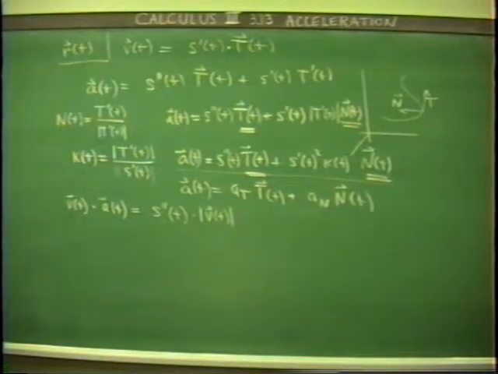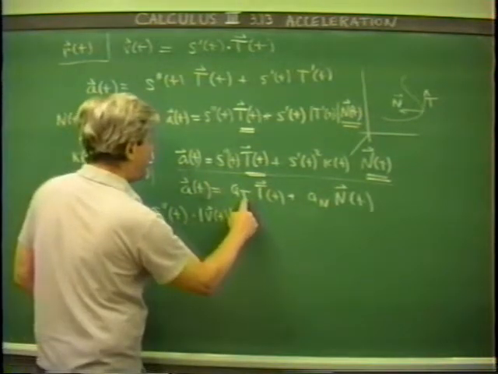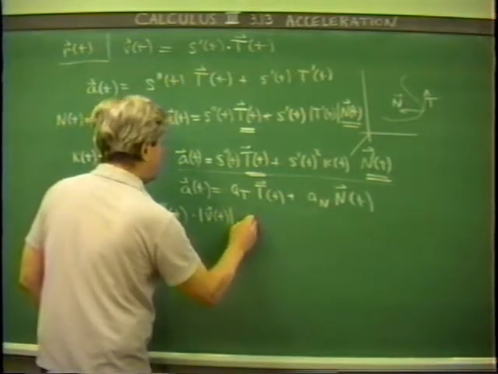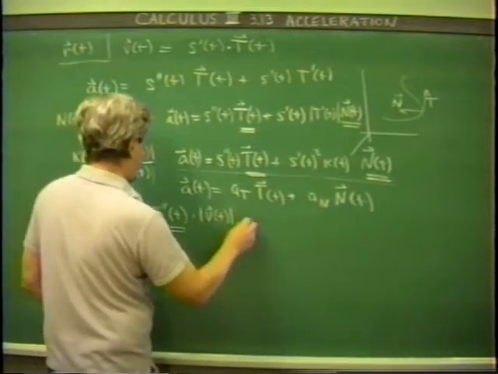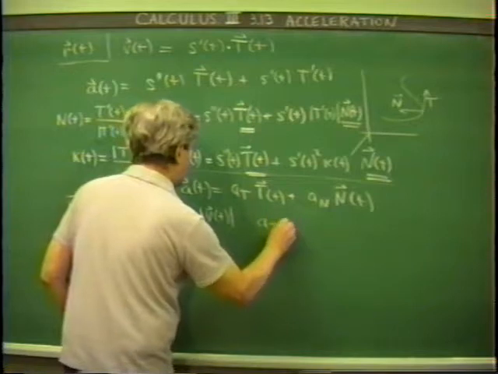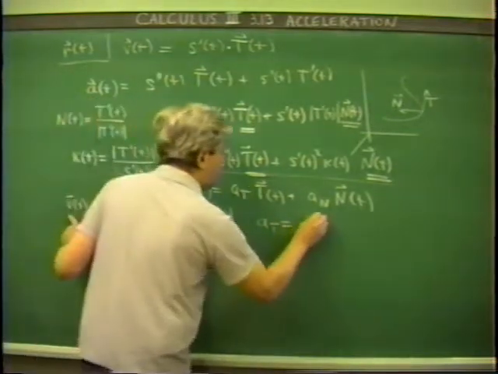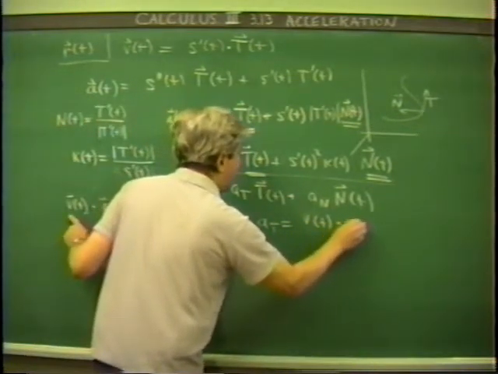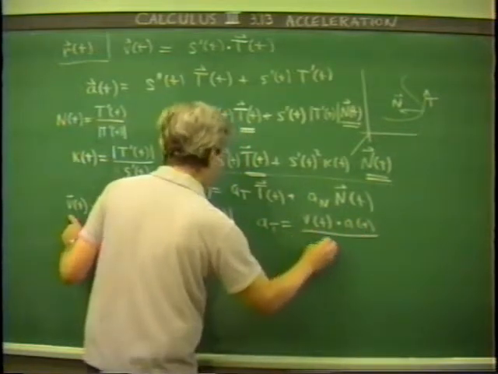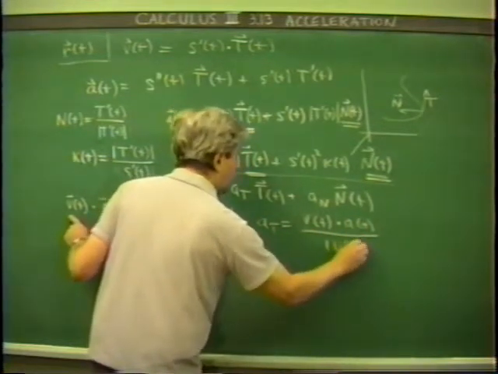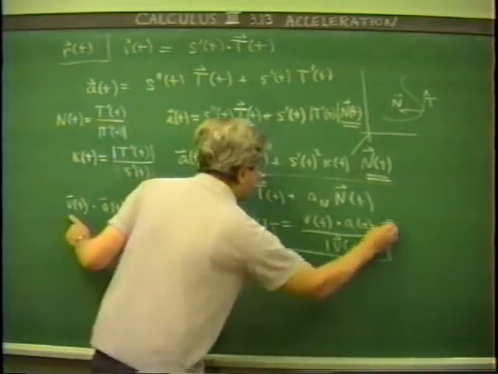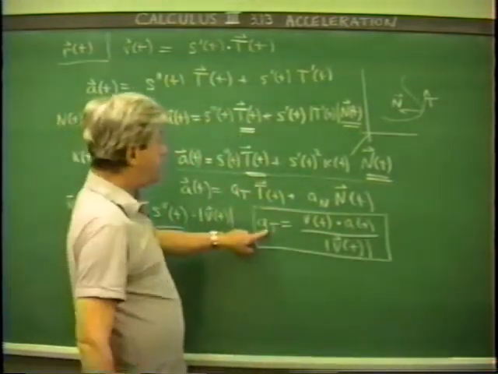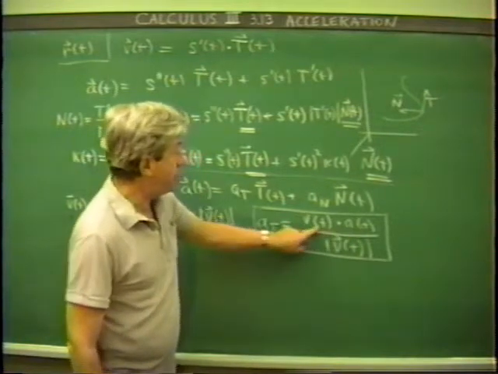Well, s double prime of t is a sub T, so we get that a sub T is equal to v of t dotted with a of t divided by the magnitude of v of t.